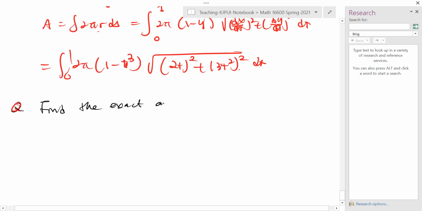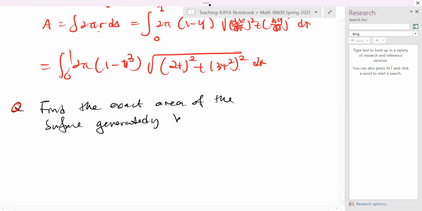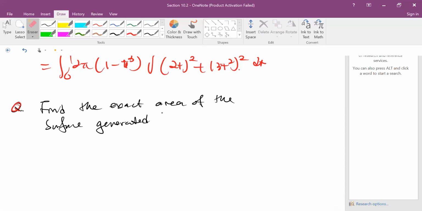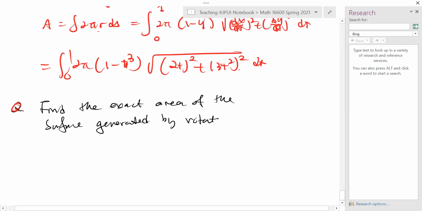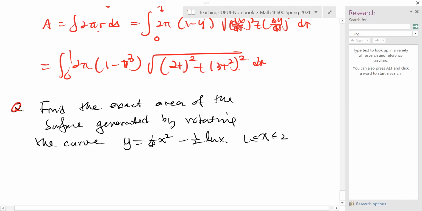Find the exact area of the surface generated by rotating the curve y equals x squared over 4 minus 1/2 natural log of x, x between 1 and 2. This is about the y-axis.